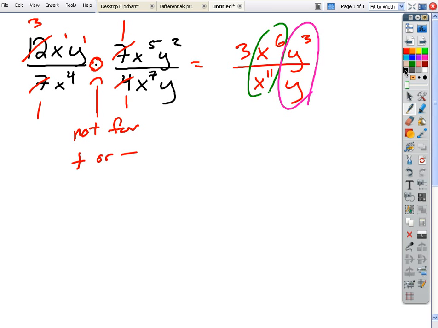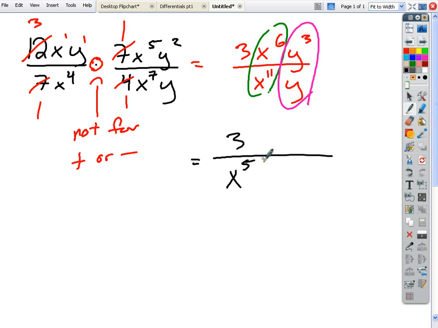So this is equal to 3 on the top. On the bottom, I'm going to have an x to the 5th, 11 minus 6. The base stays where it's the most powerful, and we subtract away the other exponent. Another way to think about that is canceling away 6 of those x's that are strung out. If I cancel 6 from the top and 6 from the bottom, I'm left with 5 on the bottom.